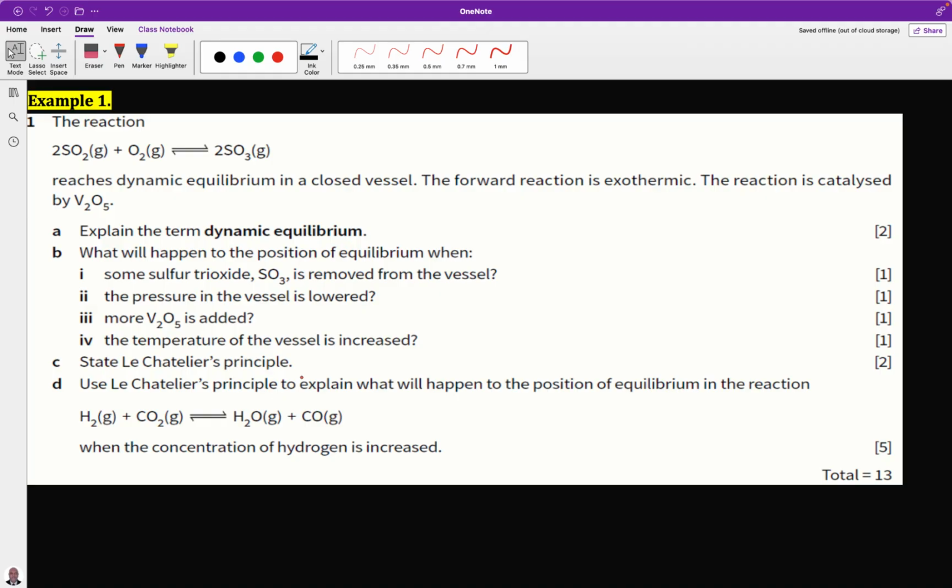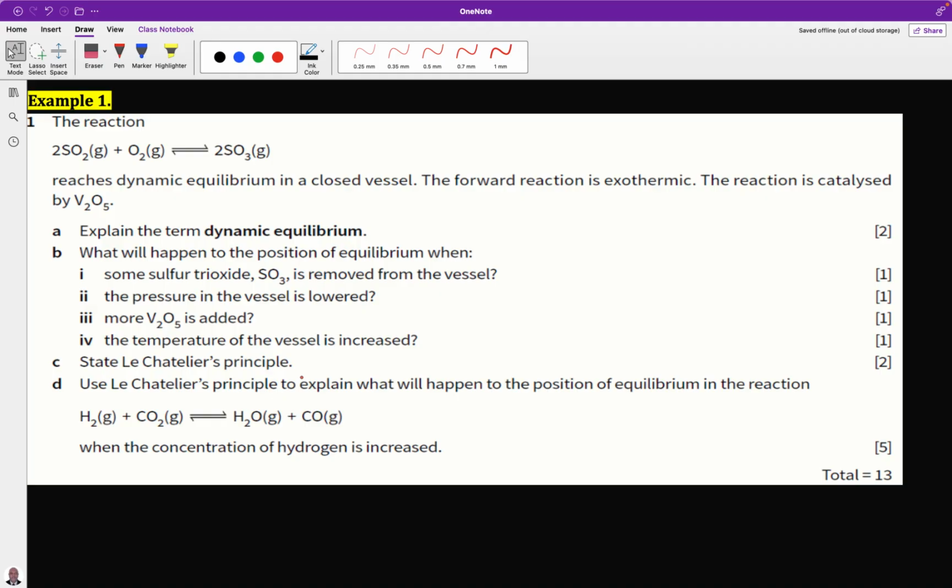Sulfur dioxide plus oxygen in an equilibrium gives sulfur trioxide. This is a reaction in the contact process, the production of sulfuric acid. Sulfur dioxide plus oxygen at equilibrium gives sulfur trioxide.